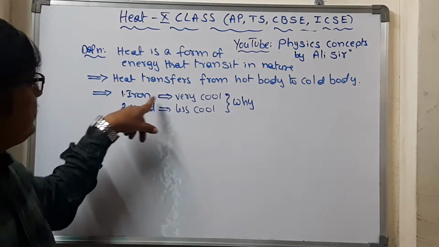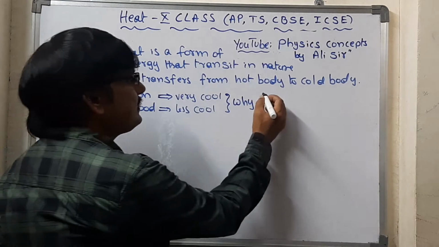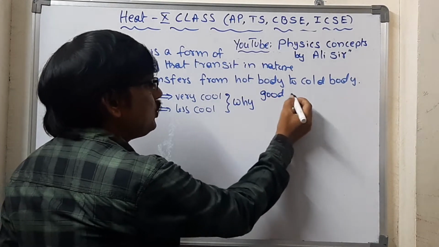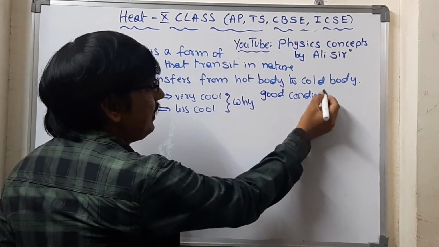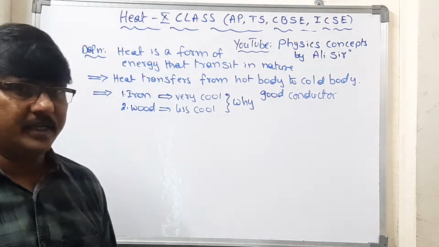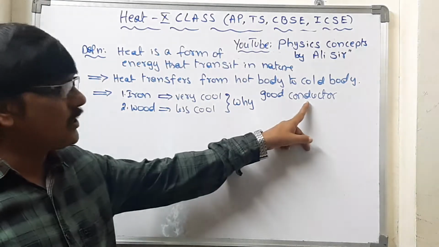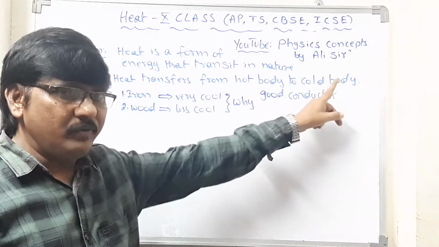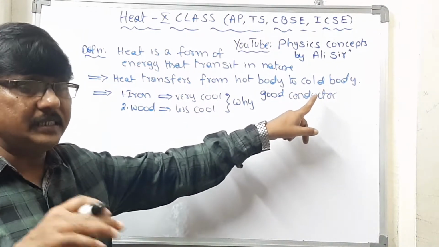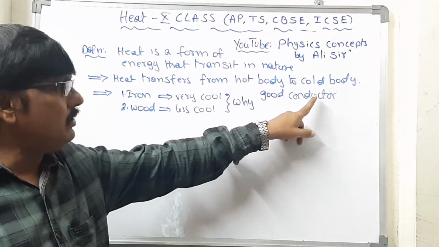Iron is a good conductor, so it can absorb a large quantity of heat or a large quantity of coolness. As it holds a large quantity, when we touch it we feel very cool.